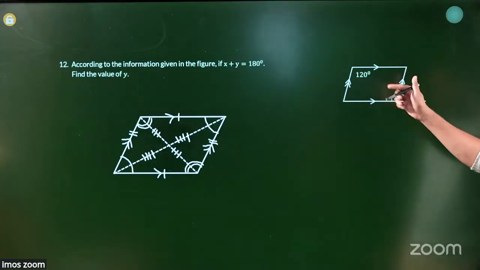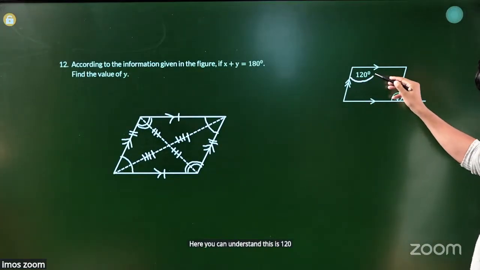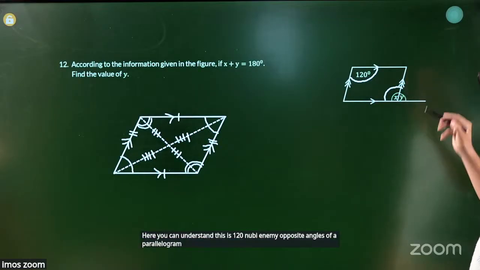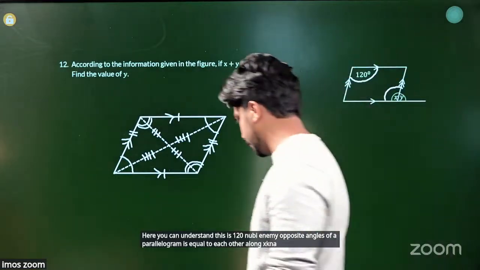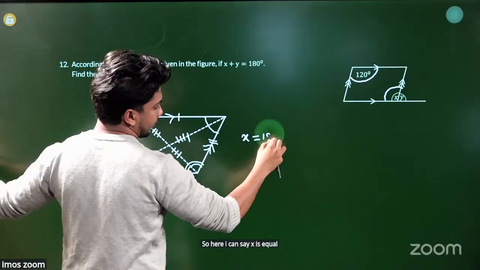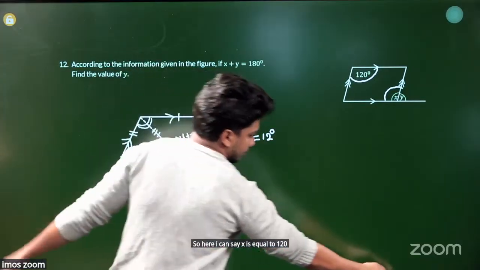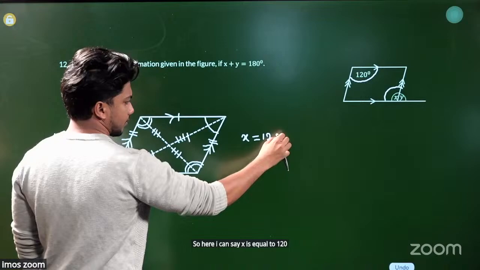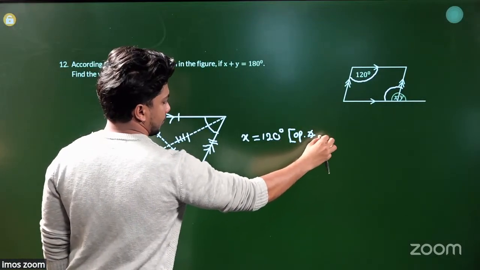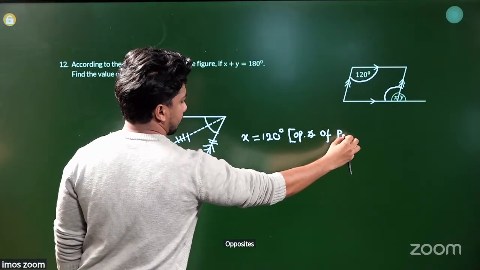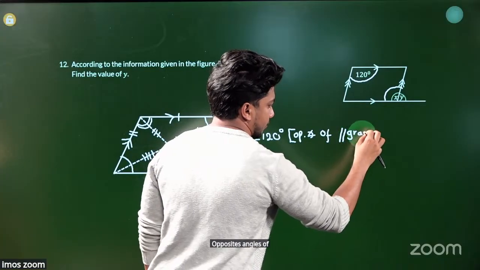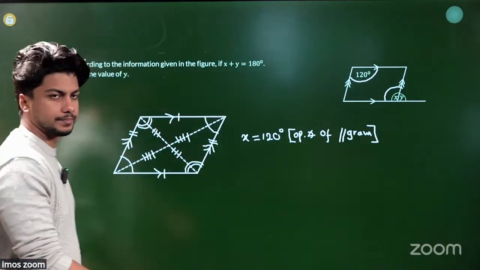Here you can understand this is 120. එහෙනම් opposite angles of a parallelogram are equal to each other. So here I can say x is equal to 120. Opposite angles of a parallelogram.